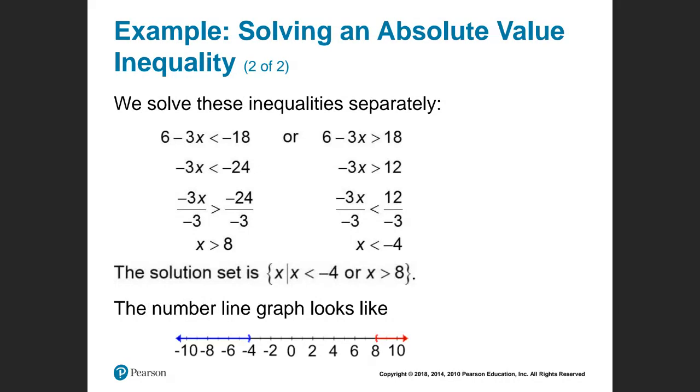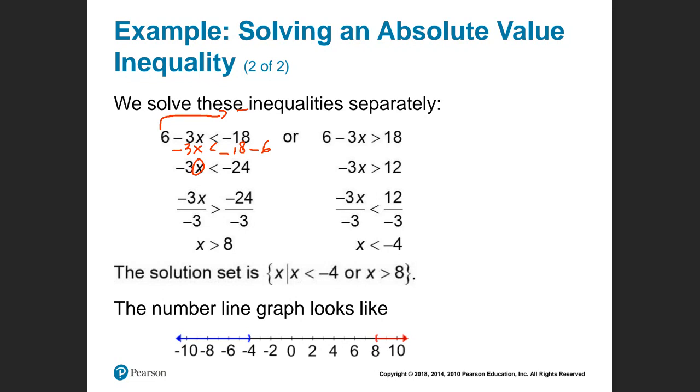So 6 minus 3x is less than negative 18. Move 6 to the right side, it becomes minus. So negative 3x less than negative 18 minus 6, which is negative 24. We need x, so you have to divide by negative 3.